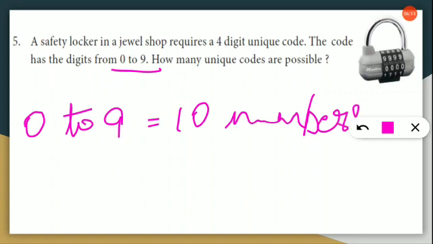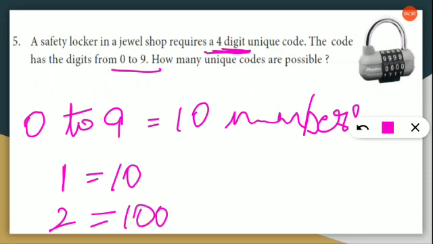Then, they are telling us we are going to create a 4-digit unique code. If it is 1 digit, how many options we have? As we discussed in the last sum, we have 10 ways. And then if it is a 2-digit number, we have 10 into 10, 100 ways. If it is a 3-digit number, you will multiply 10 three times and tell me 3 zeros will come, 1000 ways.